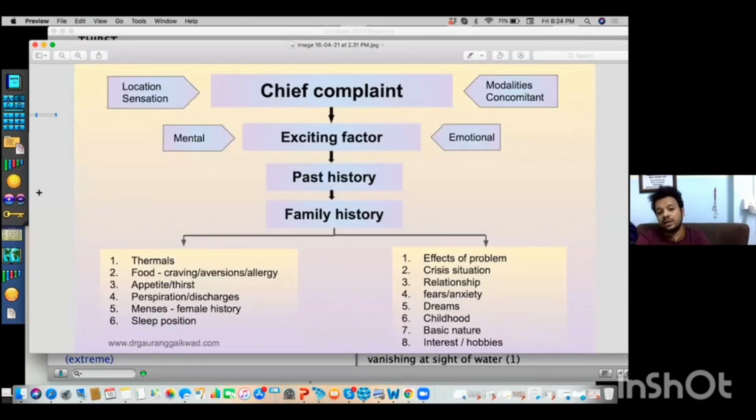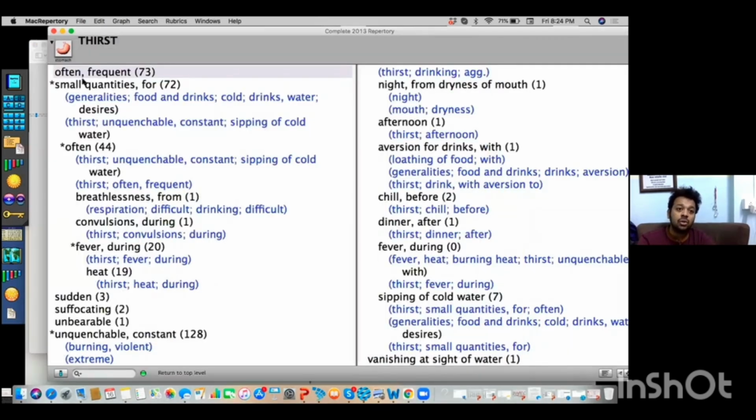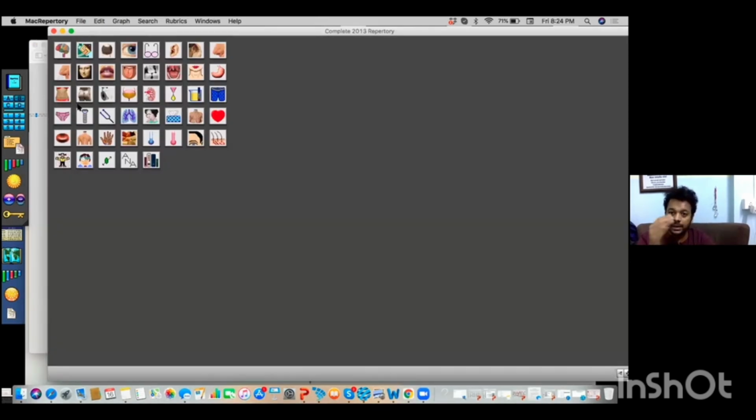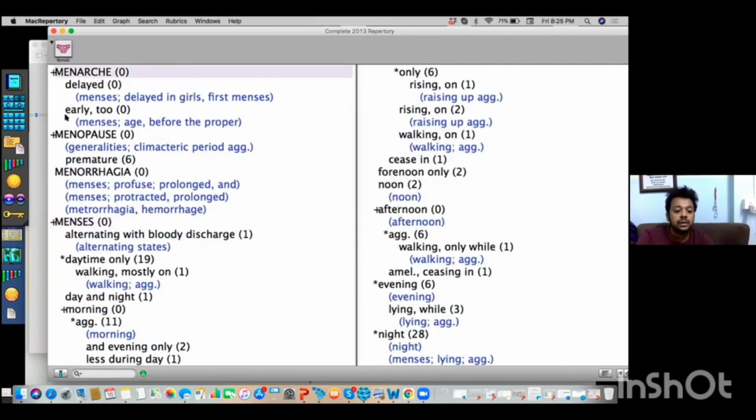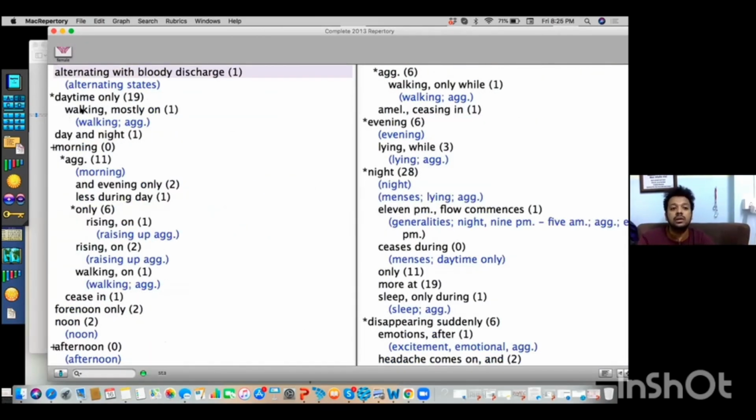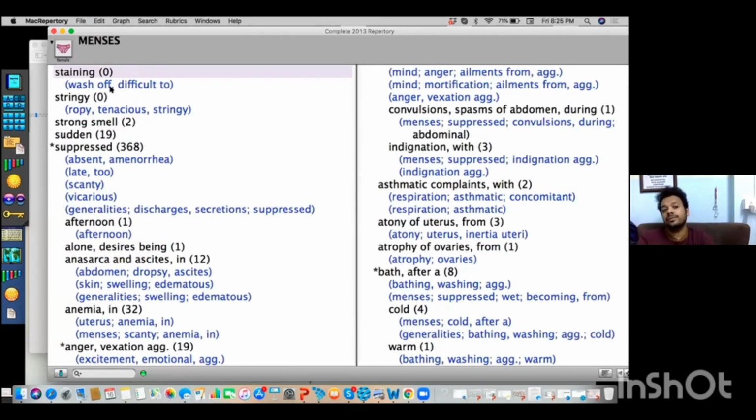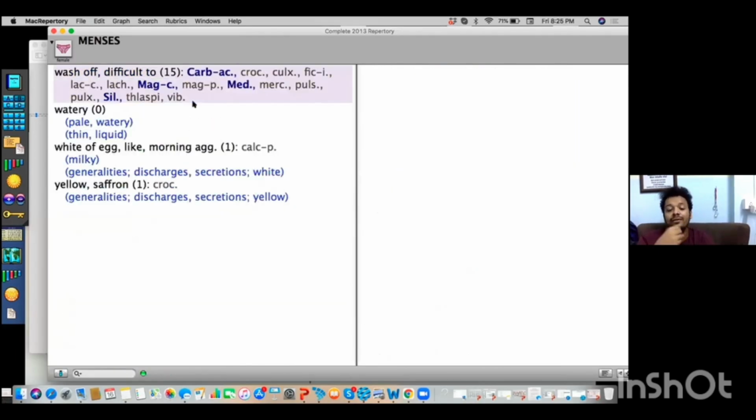All kinds of discharges, perspiration, menstrual history, these are very important. This also tells you a little bit about miasmatic background. For example, when a patient tells me, oh, my menses, they stain the cloth a lot. So they stain the cloth and they're difficult to wash. This is often a very psychotic miasmatic background.